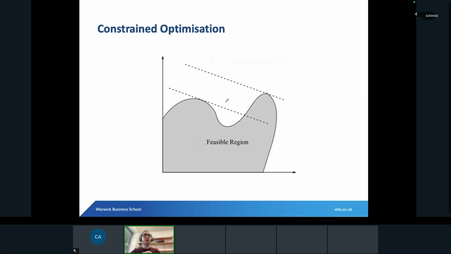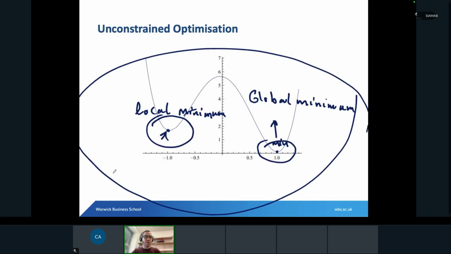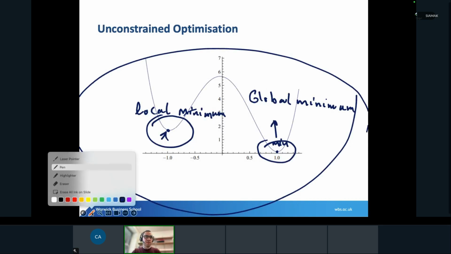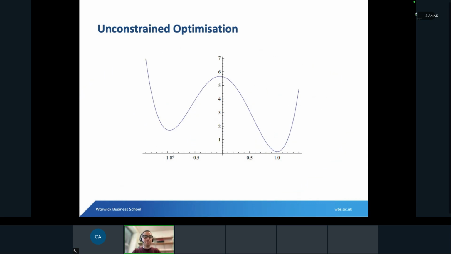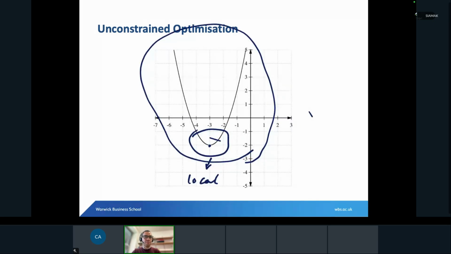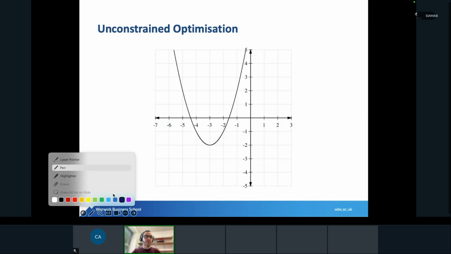Okay, that's very good. Now, if we move to constrained optimization, in both examples that I showed you here, you can see that we don't have any constraints, so that's why we call them unconstrained optimization.